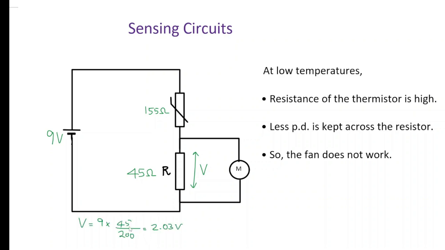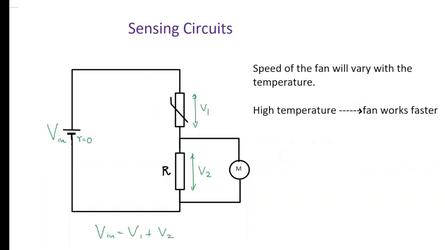The voltage here now is 9 multiplied by 45 over the total of 155 and 45, which is 200, and it's only 2.03. Out of 9 volts, you only have approximately 2 volts across this one. So the remaining 7 volts is now across the thermistor. What that means is the fan does not work. Less PD is kept across the resistor, so the fan does not work.